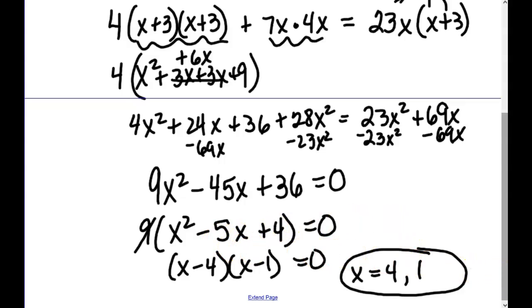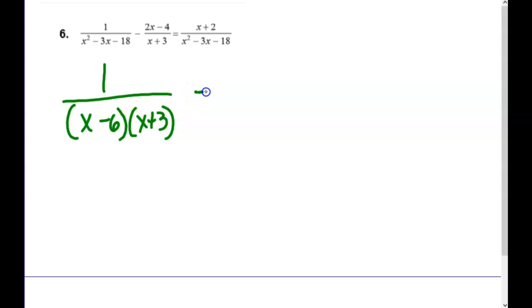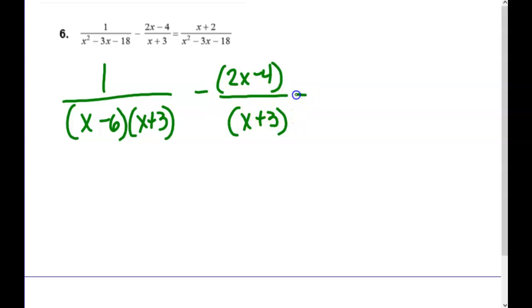All right. This looks equally gross, but I don't think it's as bad. I think if we factor this, this is an x minus 6 and an x plus 3. I guess I'm going to leave the top the way it's written. And there's an x plus 3 down here.